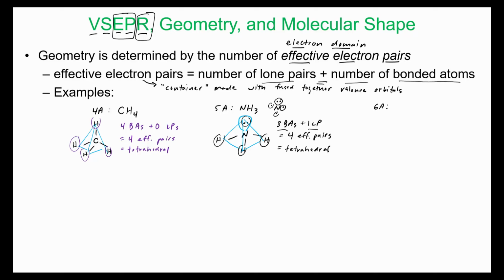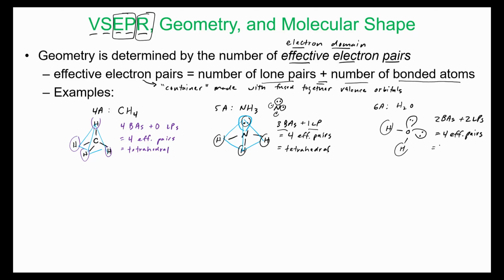The same thing happens over here. If you look at 6A, and we have water, then we have oxygen like this, and then we have these two containers that hold these lone pairs. So in this case, we have two bonded atoms. I'll write two BAs plus two lone pairs, two LPs, or a total of 4 effective pairs or 4 electron domains.